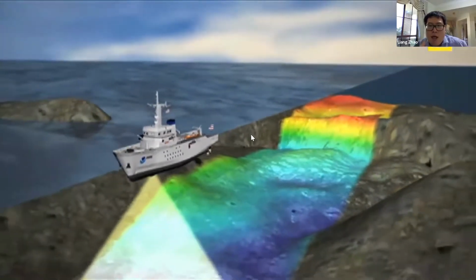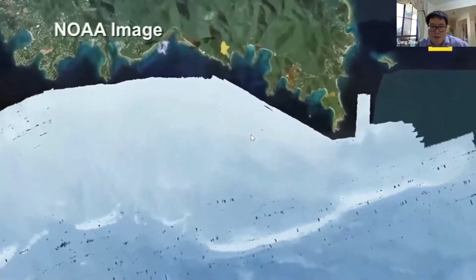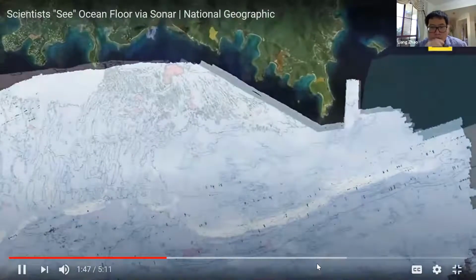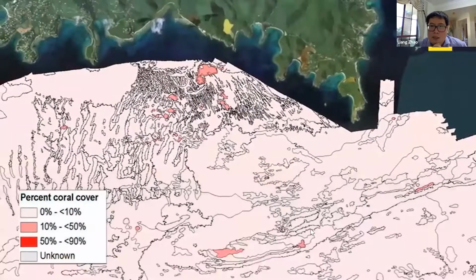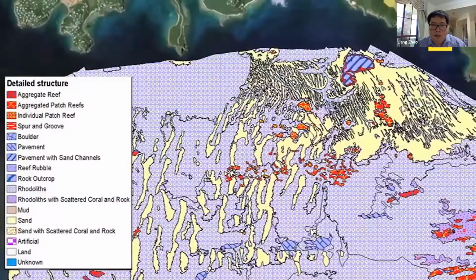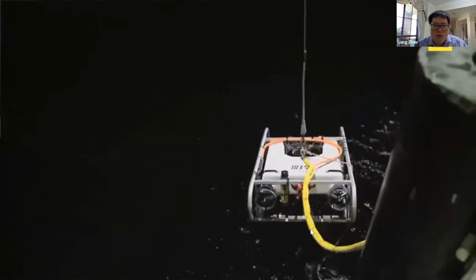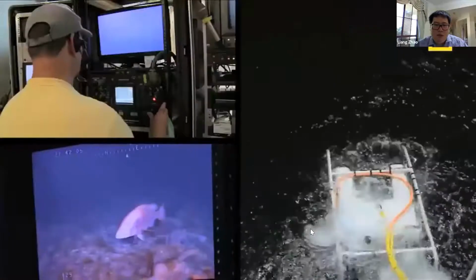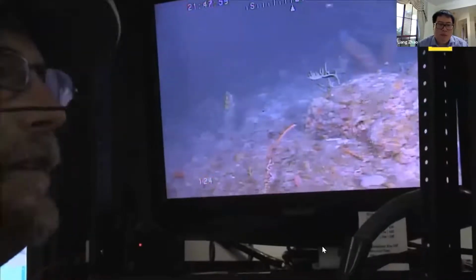And they use some kind of multi-beam sonar to detect the seabed.